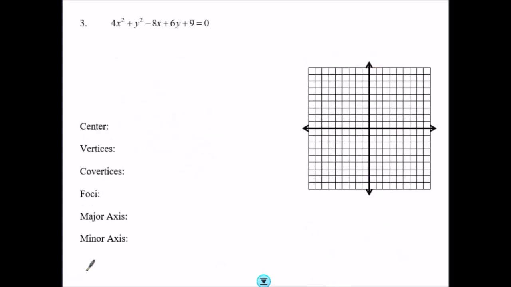Lastly, let's look at converting an ellipse from general form to standard form. So here we are going to have to complete the square. Let's start by grouping our x and y terms together. And I'm going to go ahead and move the constant to the other side of the equation.